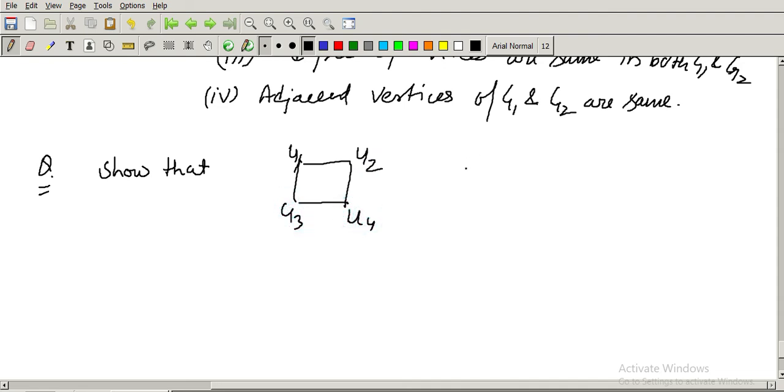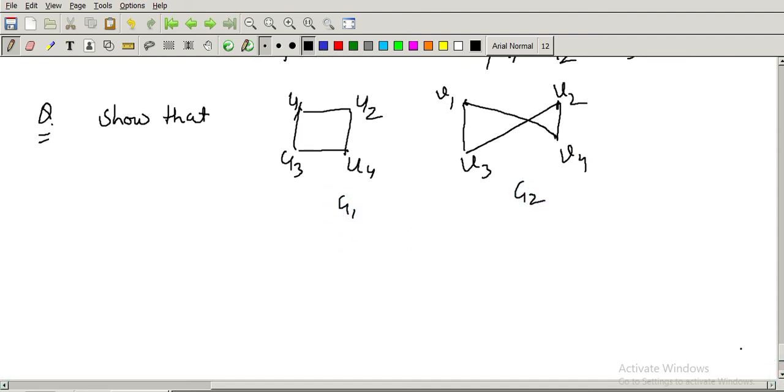We have here another graph which is like this, with v1, v2, v3, v4. This is your G1 and this is your G2, and the question is to identify whether they are isomorphic to each other or not.